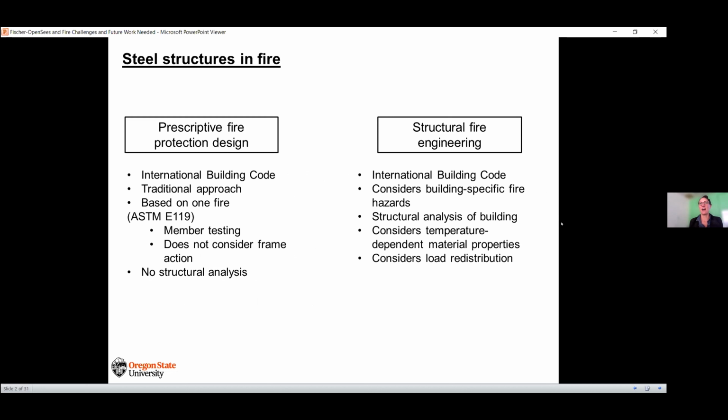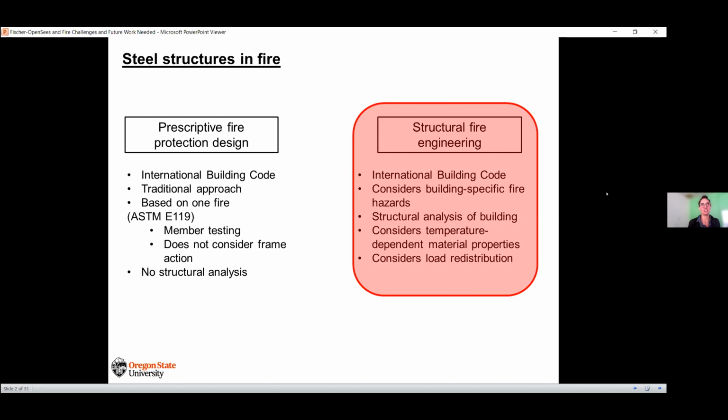Where we focus most of our research is in structural fire engineering: looking at building specific fire hazards, considering temperature dependent material properties, load redistribution, and all of the wonderful abilities that we can incorporate into our finite element models.